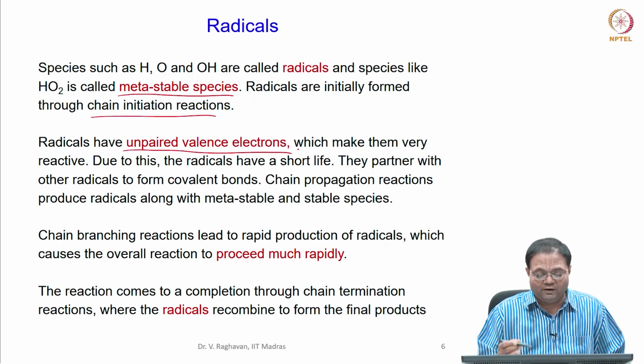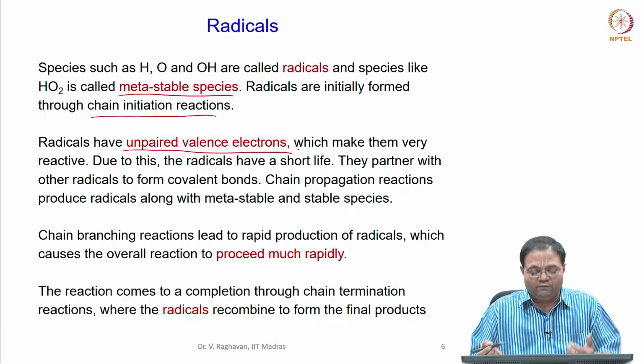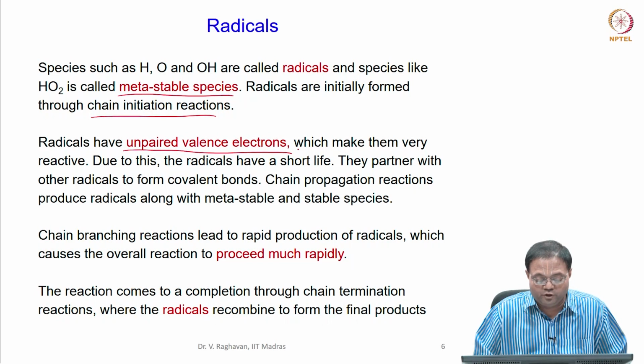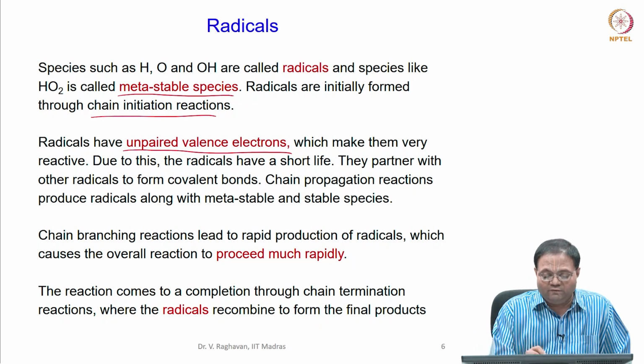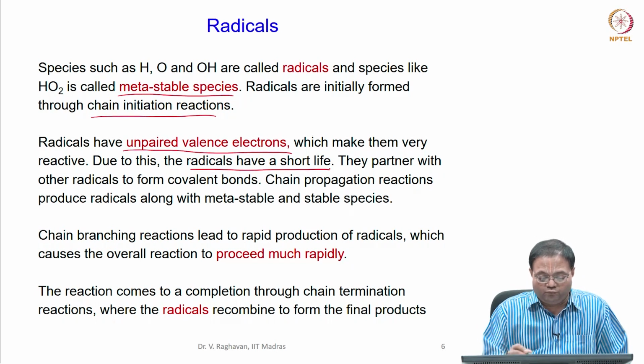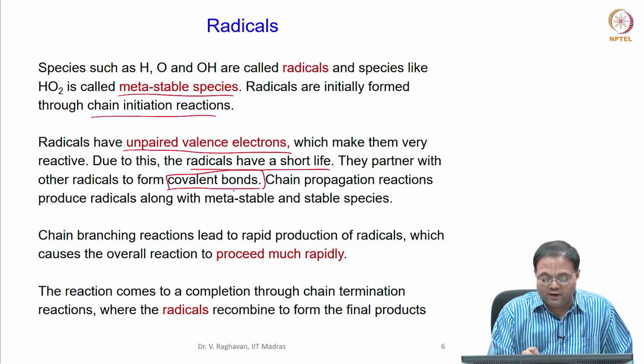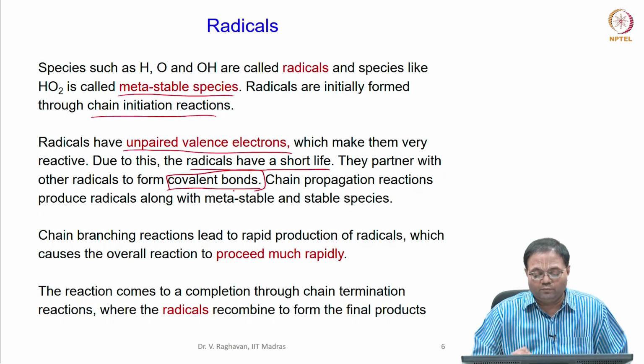These electrons are fond of reacting with other radicals or other species. So basically they have a very short life. They partner with other radicals or other species to form covalent bonds, that is, molecular level bonds are formed.